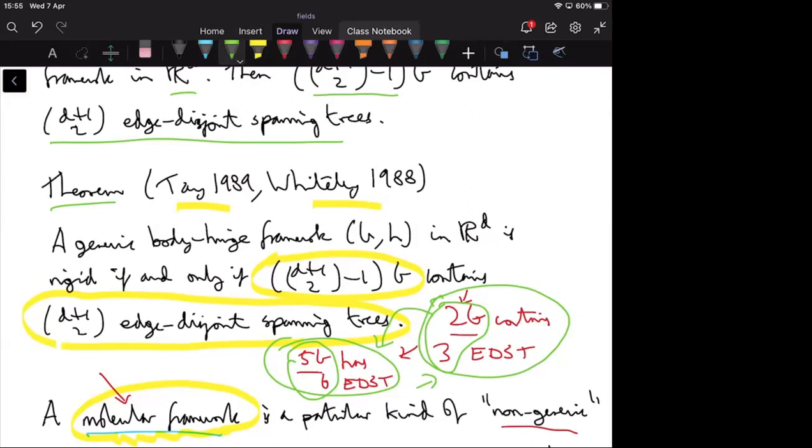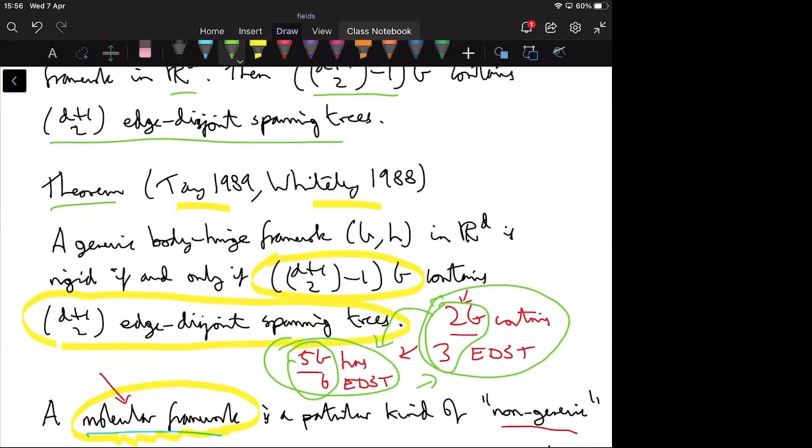Can I ask a question based on this discussion? So if I understand correctly, you're saying that if you have a generic body hinge framework in 2D that's rigid, then it's rigid in higher dimensions because of this whole being able to find spanning trees thing, because we're doubling edges over and over again. But, and maybe this is what you were just saying, when you go to higher dimensions, was your point that the hinges become higher dimensional?